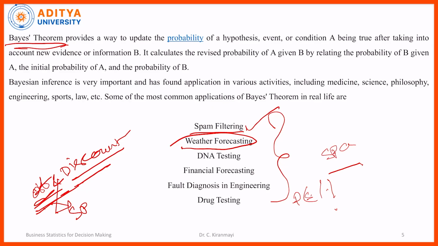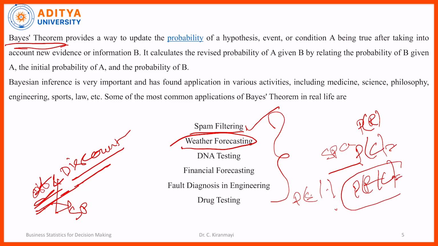We can calculate the probability of a day being a rainy day, the probability of a day being a cloudy day, and if a day is cloudy, the probability of that day going to be a rainy day. This is how we can predict whether a cloudy day is going to rain or not.